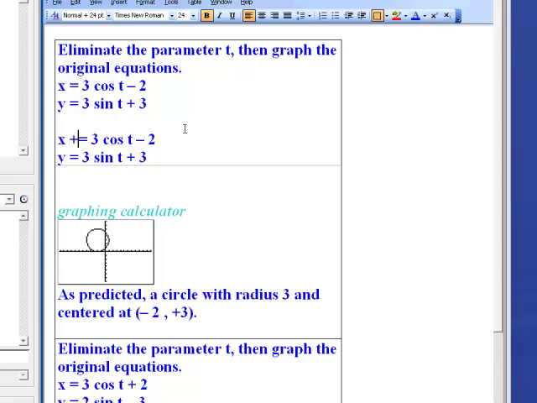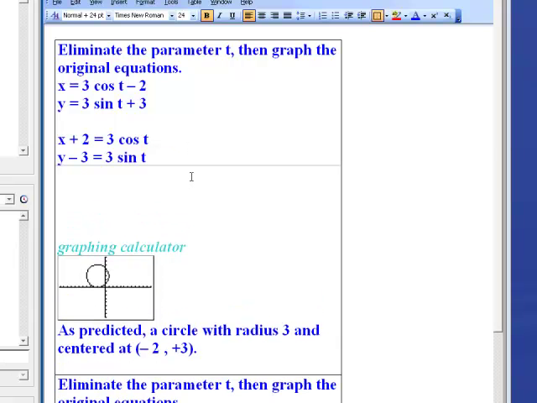First of all, what I'm going to do is add 2 to both sides for the x, and for the y, I'm going to subtract the 3. Okay. Now what I'm going to do is square both sides. Actually, kind of square everything.